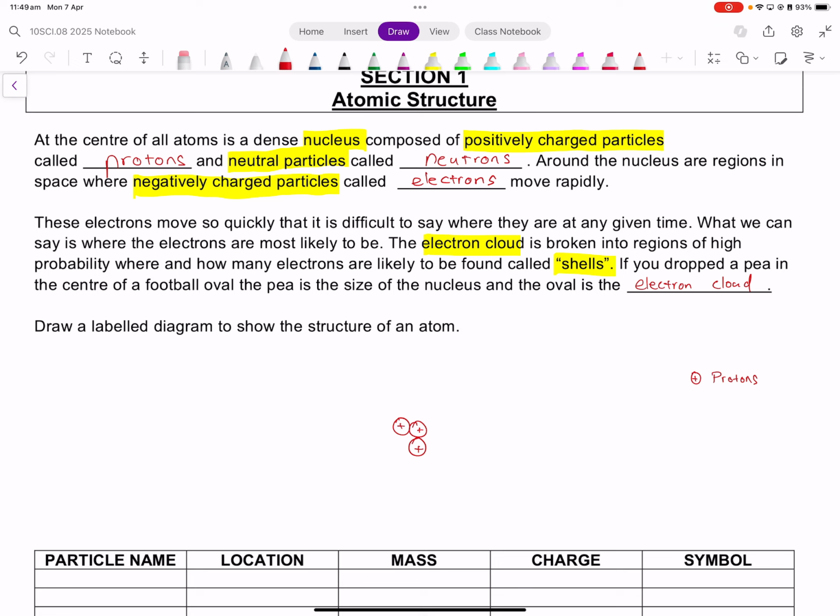Next, lithium. Does anyone remember what that number down the bottom on the periodic table represents? The mass number. And the mass is how many protons and neutrons there are. So if I have 3 protons, and altogether I've got 7 things, how many neutrons am I going to draw in this nucleus? 4. So I'm going to use a slightly different colour here.